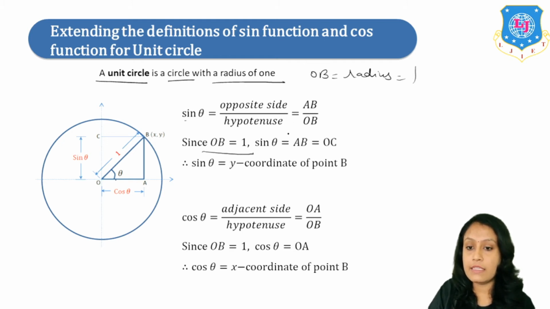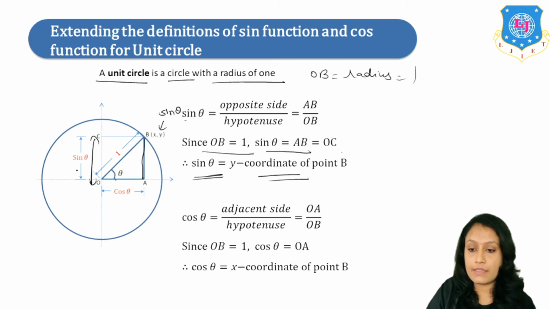Therefore sin theta will become AB. Now you can see this AB is equal to this OC. Therefore sin theta is equal to OC, and therefore sin theta is the y coordinate of the point P. This y coordinate is sin theta.